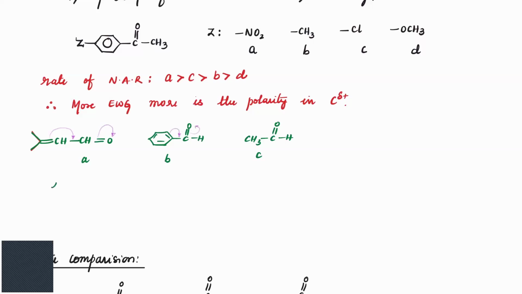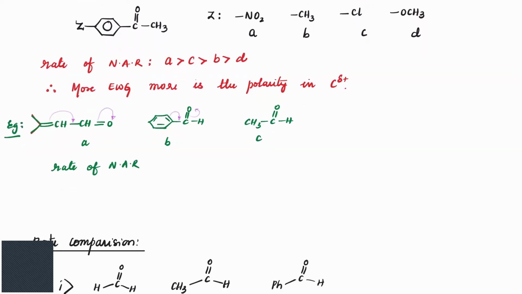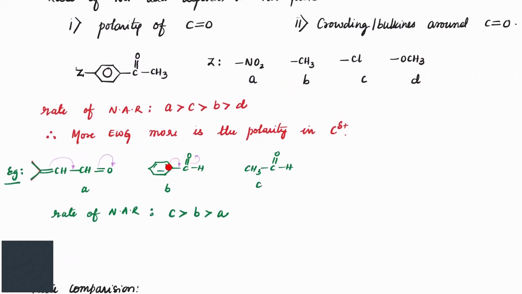So if I compare the rate of nucleophilic addition reaction for this example, C will be greater than B than A. Benzene does not offer very strong resonance as much as a simple pi bond will offer, because the pi bond gets a positive charge which is a stable carbocation, but getting a positive charge on the benzene ring turns it into a more anti-aromatic form.